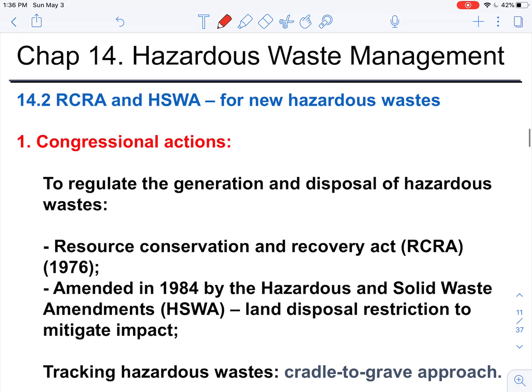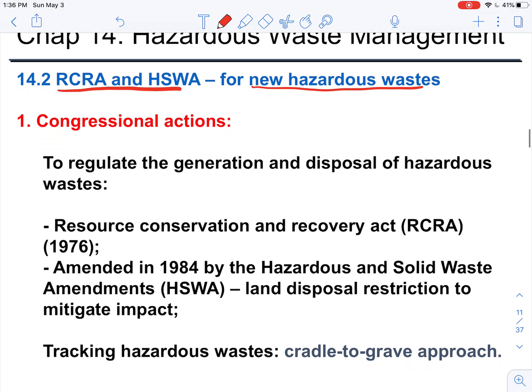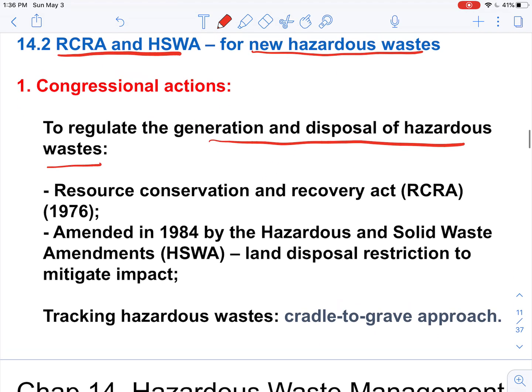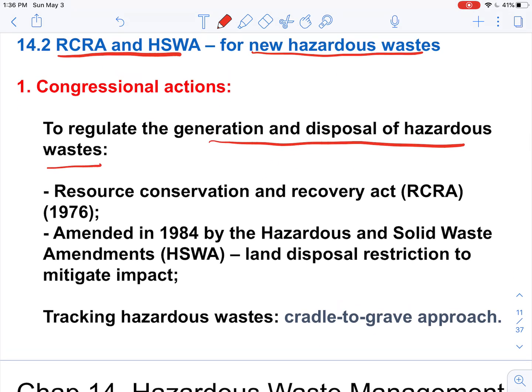Okay, so in terms of the regulation of these hazardous waste materials, people design new policies for dealing with them. There are congressional actions to regulate the generation and disposal of hazardous waste, right? So people can conduct different processing procedures by following these different acts or regulations.